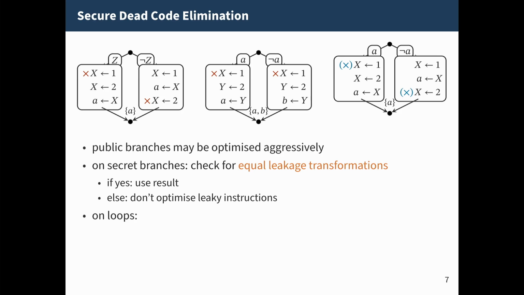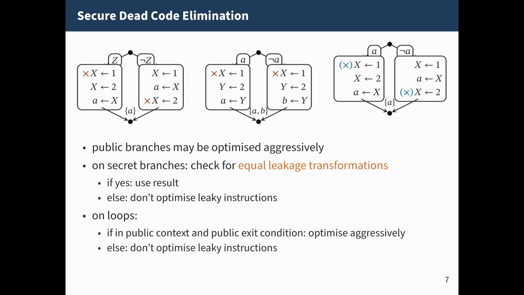On loops, this is less interesting. In a public context with a public exit condition, we can optimize aggressively. Otherwise, we can't optimize leaky instructions, because this tracking approach of what has happened breaks as soon as we have a secret exit condition.